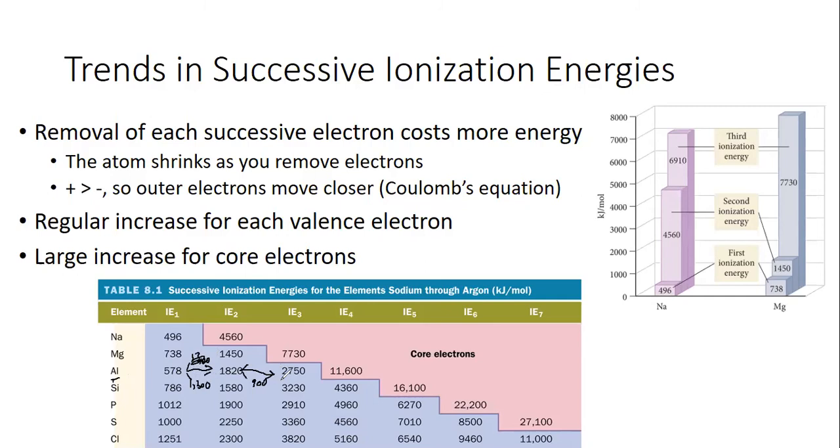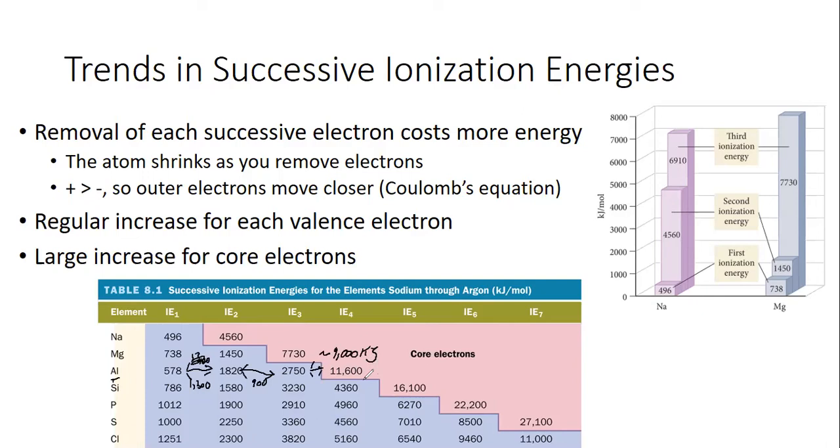Now, look at what happens when you go from ionization energy 3 to 4. This is a difference of roughly 9,000 kilojoules. So a different magnitude. And that's because removing valence electrons is relatively easy.